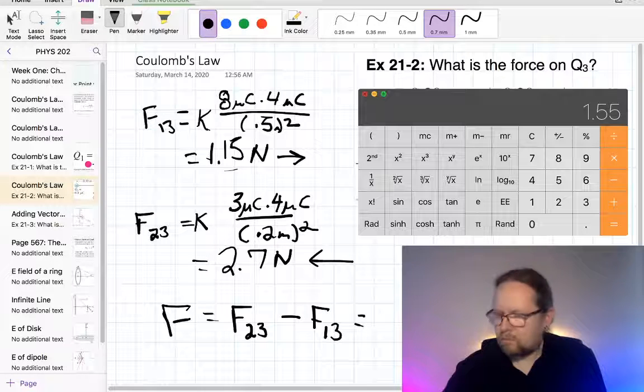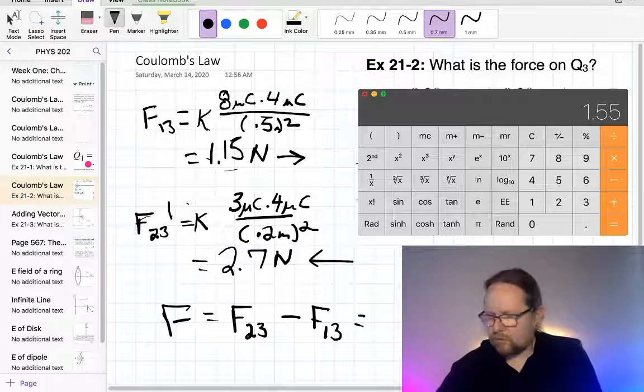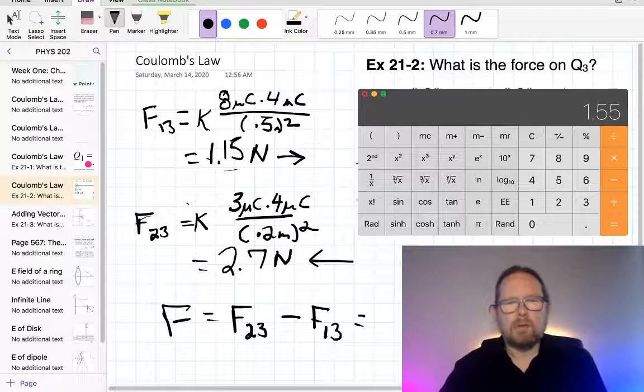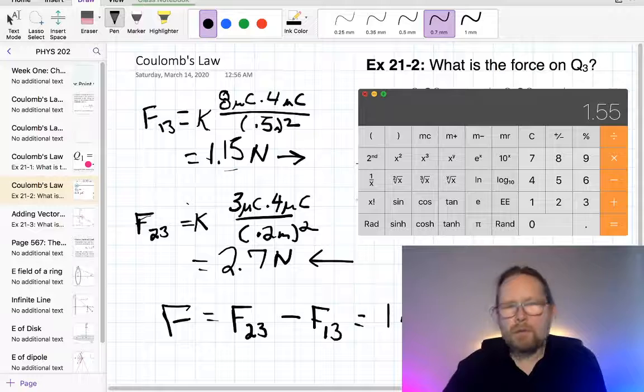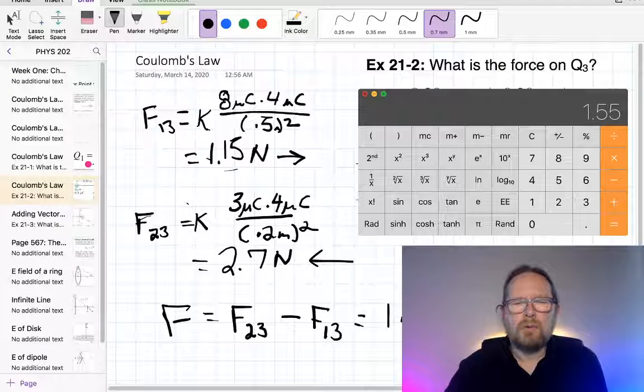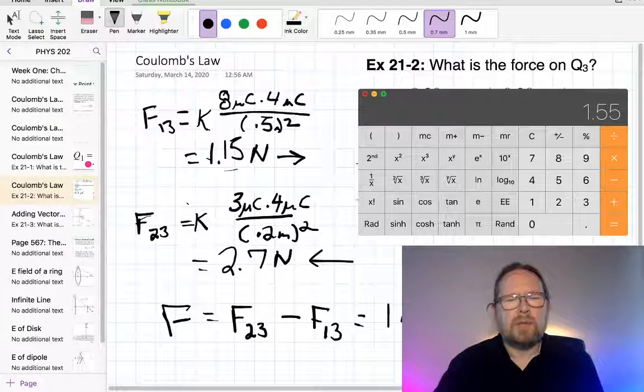Which direction? Oh, sorry, I lost track of my cursor there for a second. What was it now? 1.55 newtons to the left, which is the answer that we get from the book.